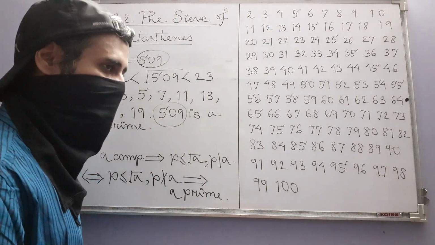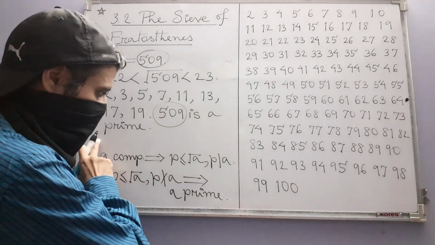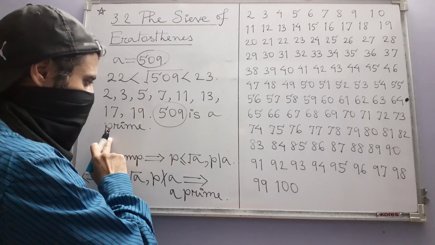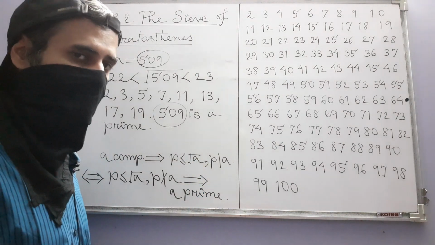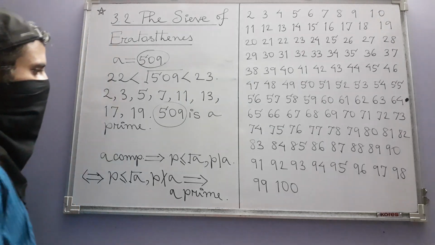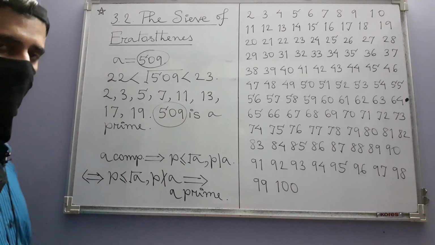So then what do you do? If you do not know the primes, then you have to look for divisors starting from 2 and ending at 508. You can see how many numbers that is. So that's why this is a significant reduction of labor.